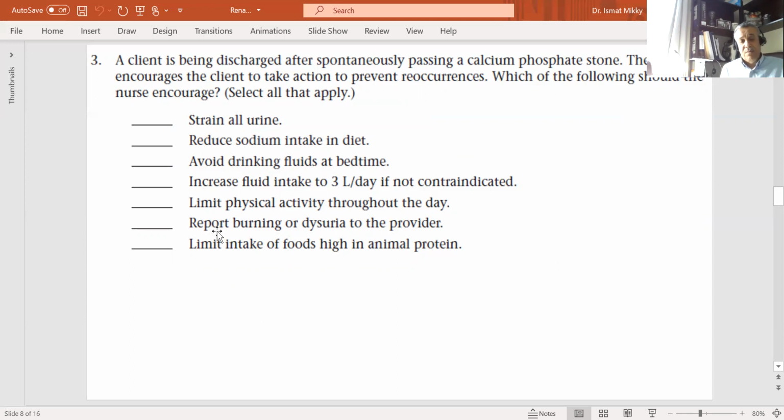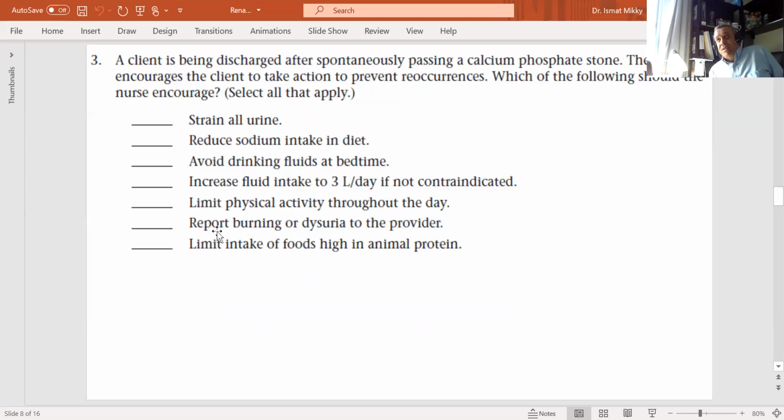So reducing sodium intake, increasing fluid intake to about 3 liters per day, reporting burning or dysuria to the provider, and limiting the intake of food high in animal protein.